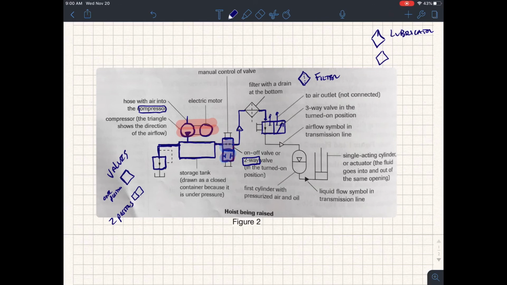You may notice we've got the little square thing coming off here, here, and here. All this means is it's manually controlled. The valve is controlled by a human being or a robot that has to physically turn the valve on or off. It is not controlled by a sensor or some kind of circuit.